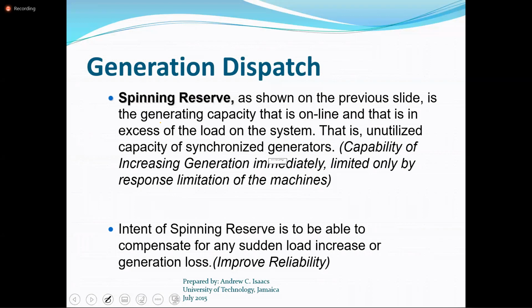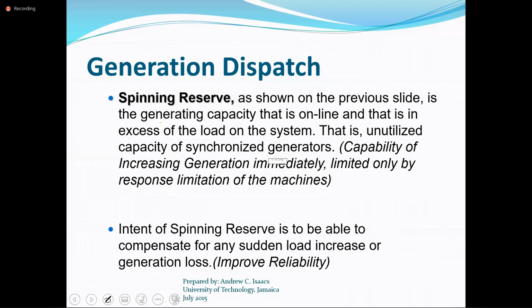Now, that spinning reserve allows you to facilitate any sudden increase in demand. Because remember, as I said earlier, as a utility, you can't dictate to the customer when they should demand or when they should be using the electrical energy.